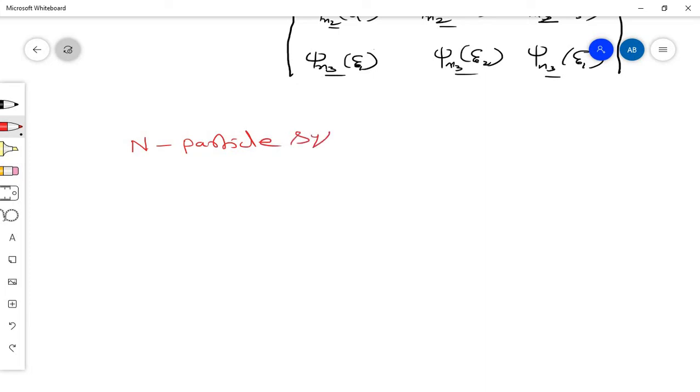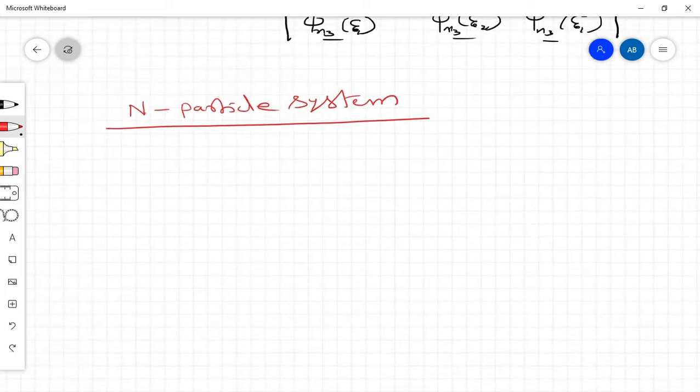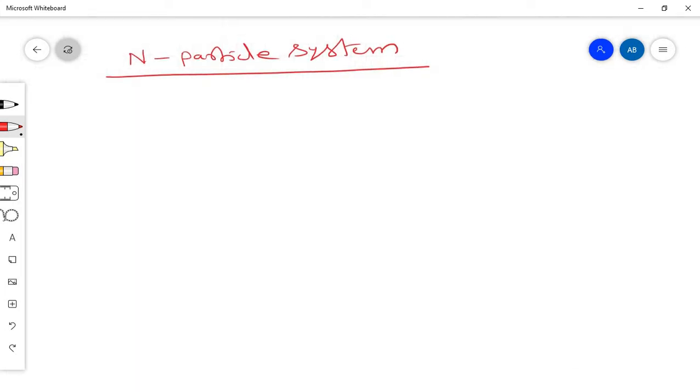Assume a non-degenerate state. That means no two particles are in the same individual state. So for an n particle system, we can write directly for the symmetric wave function.